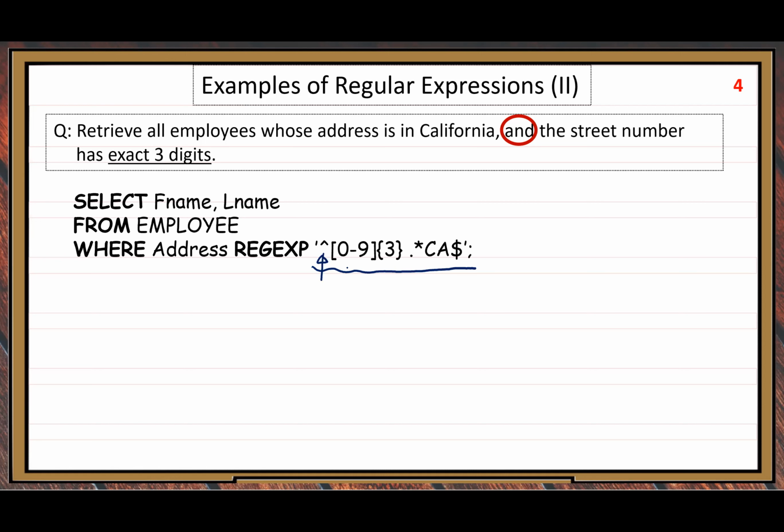Then a pair of square brackets, 0-9. That means the digits from 0, 1, 2, but we do not need to list all of them, through 9. So 0-9 means any digit in that range.